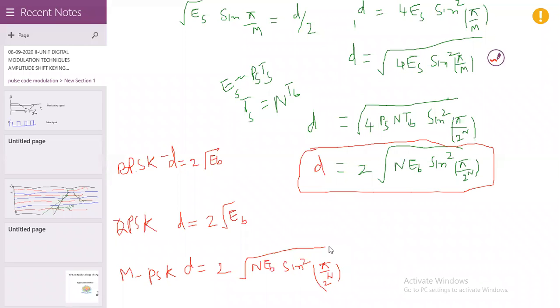Consider M-array PSK, let us consider M is equal to 16. That means n is equal to 4. Substitute. What is the distance?